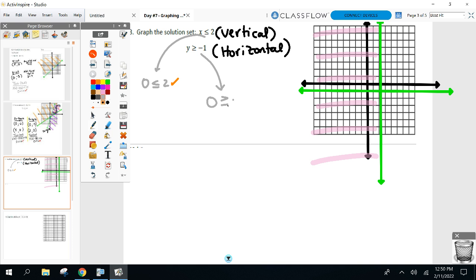Is 0 greater than or equal to -1? Yeah. Yep. So you better shade it. So are we going up or down here? Up.